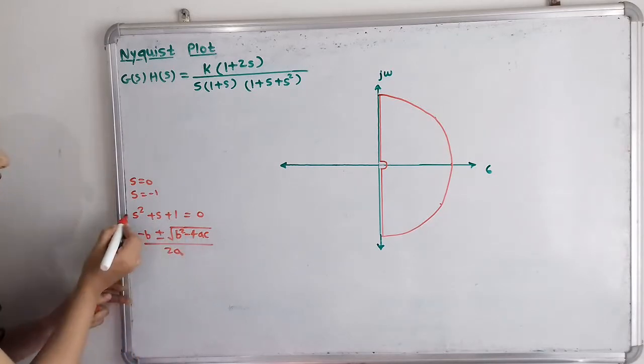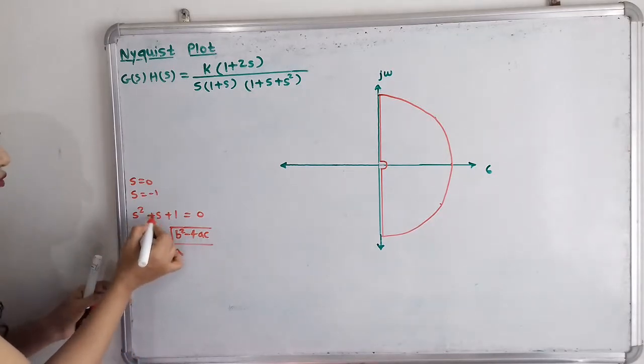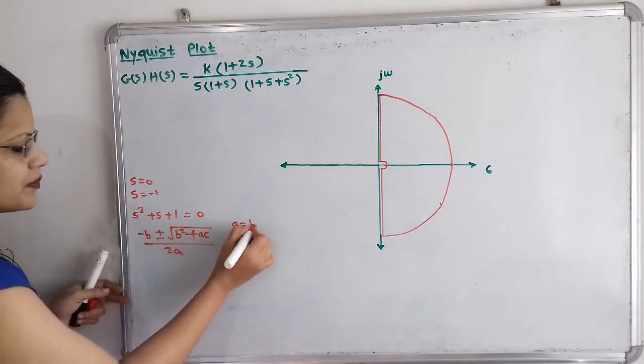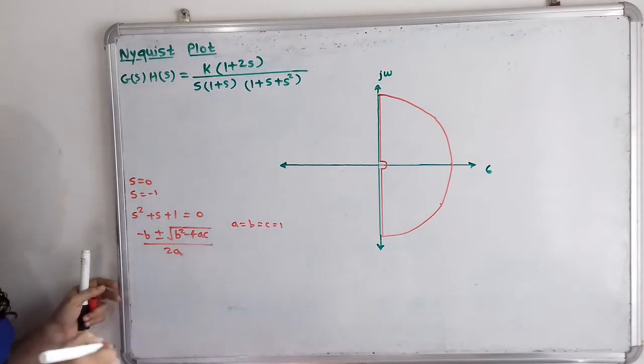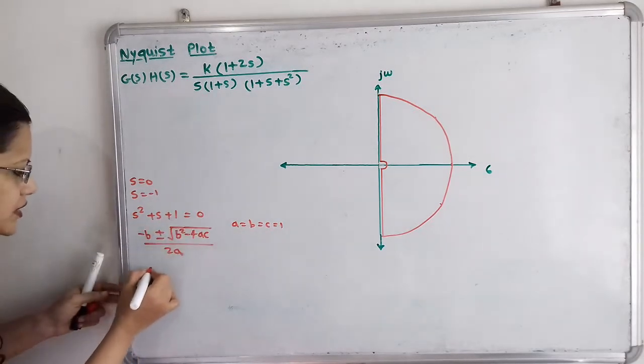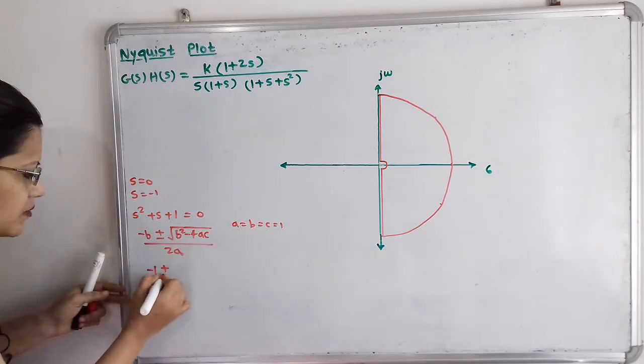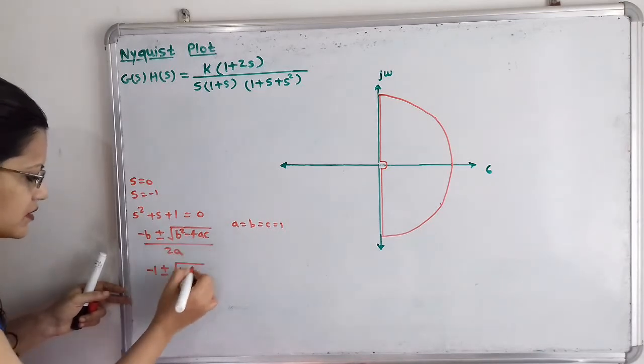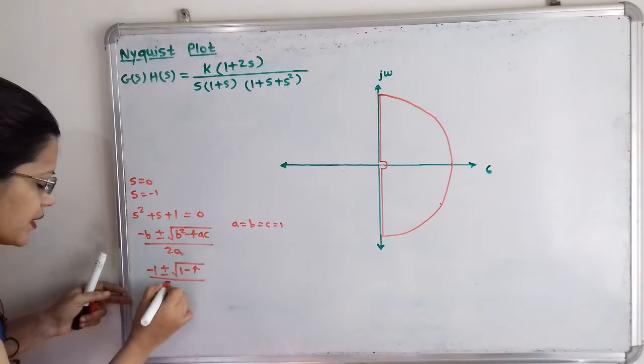Here a is the coefficient of s square, b is the coefficient of s, and c is the constant. So a is equal to b is equal to c is equal to 1. If we solve this, minus b, that is minus 1, plus minus under root of b square minus 4ac, that is 4, divided by 2.